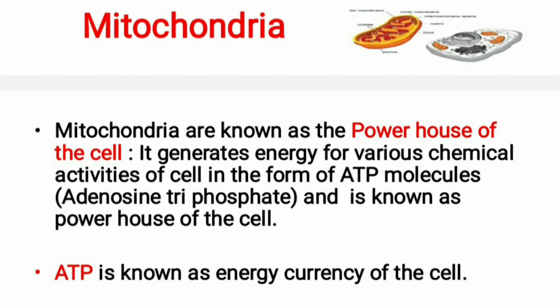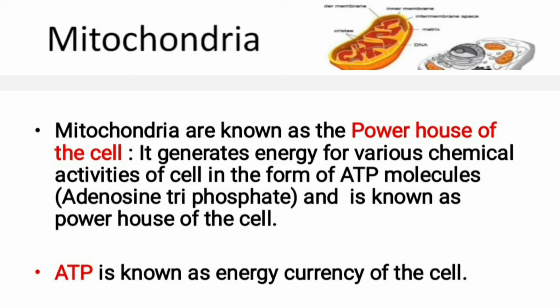ATP full form is adenosine triphosphate. During respiration, the mitochondria generate energy for the chemical activities of our body, and it is stored in the form of ATP. ATP is known as the energy currency of the cell.